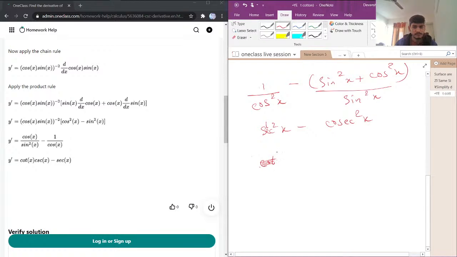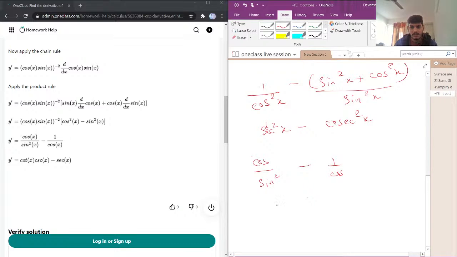So I have cotangent will be cosine over sine square minus 1 over cosine, if I take the LCM. This solution is not looking correct.